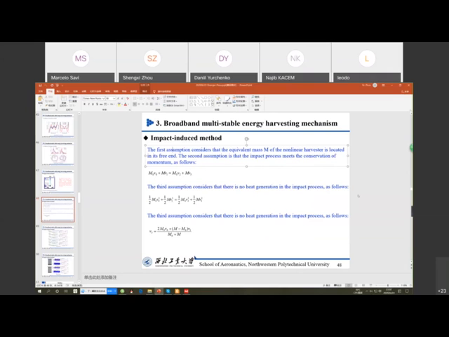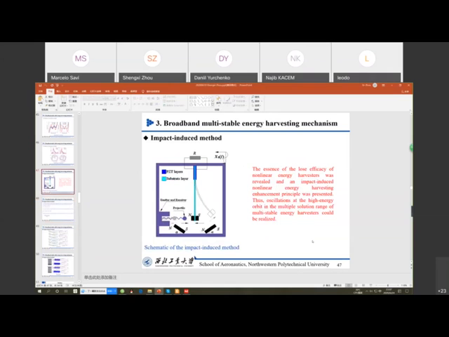Okay, so in the experiment, just with a very simple experiment, I use a stick to impact the free end of the harvester, not with control. That's to qualitatively make the experiment.